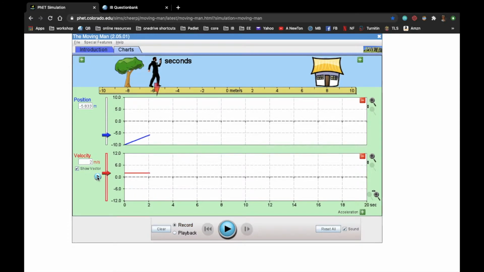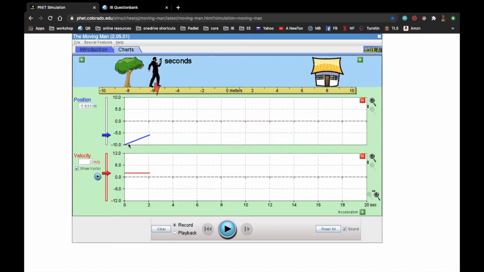So I paused. You see that there is a small forward arrow shown on the man. You see that corresponds to 2 meters per second constant, unchanging speed. He's moving at constant velocity, which means the position is moving forward by 2 meters each second.